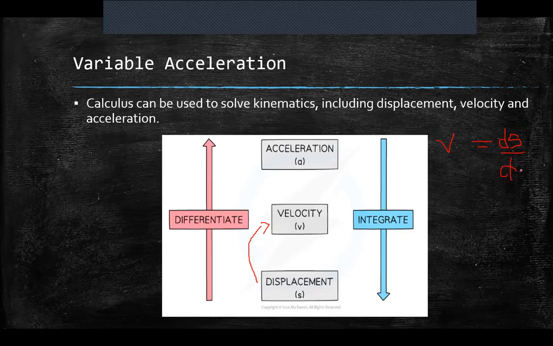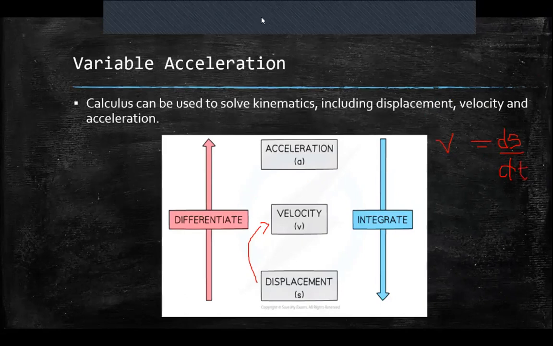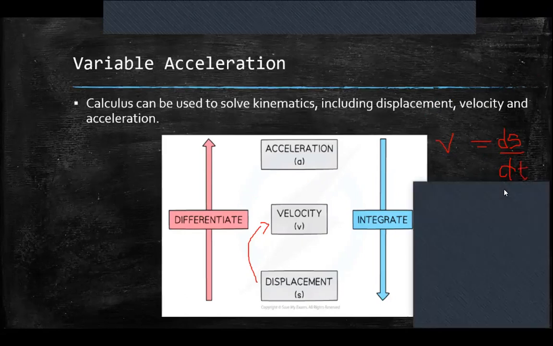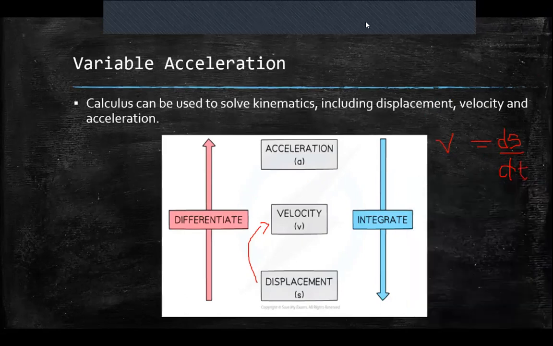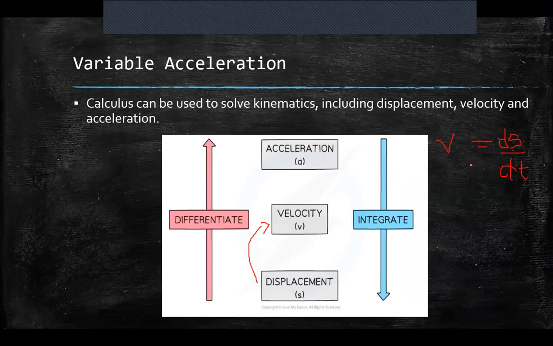ds on dt. And it makes sense because our definition of velocity is the change in displacement on time. So let me just say the rate of change of displacement. When we did rates, before we started kinematics, we said the word rate implies with respect to time, hence the dt.